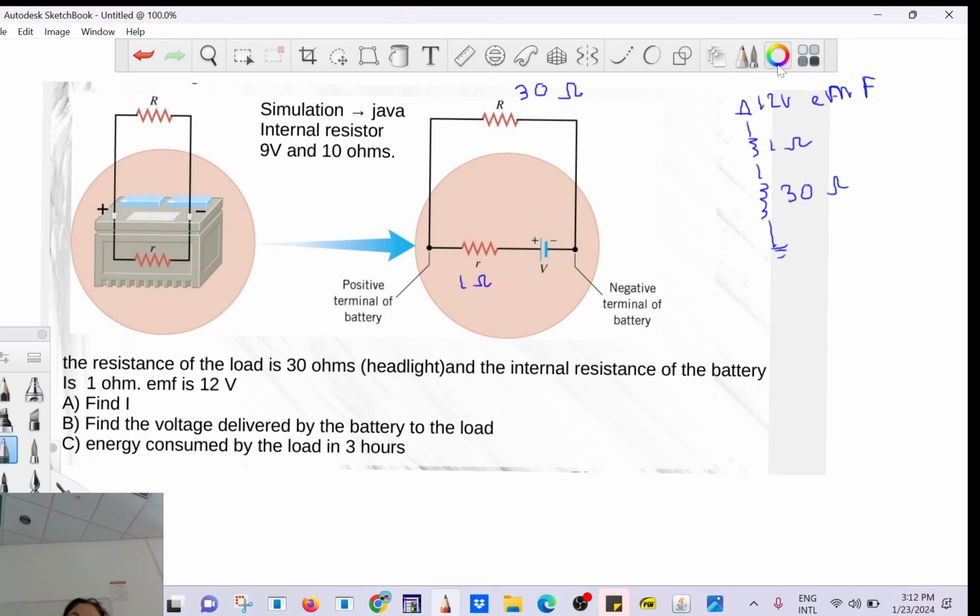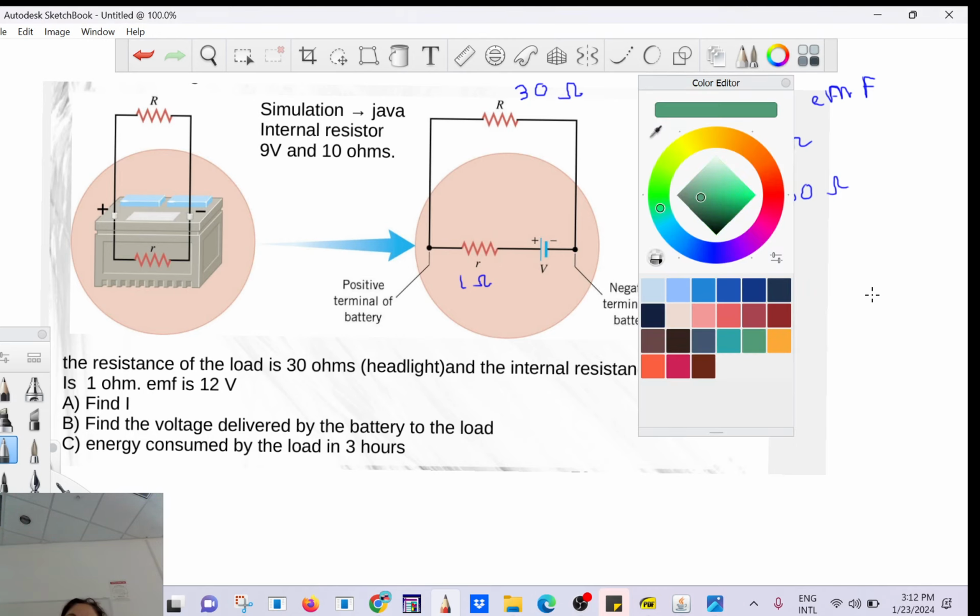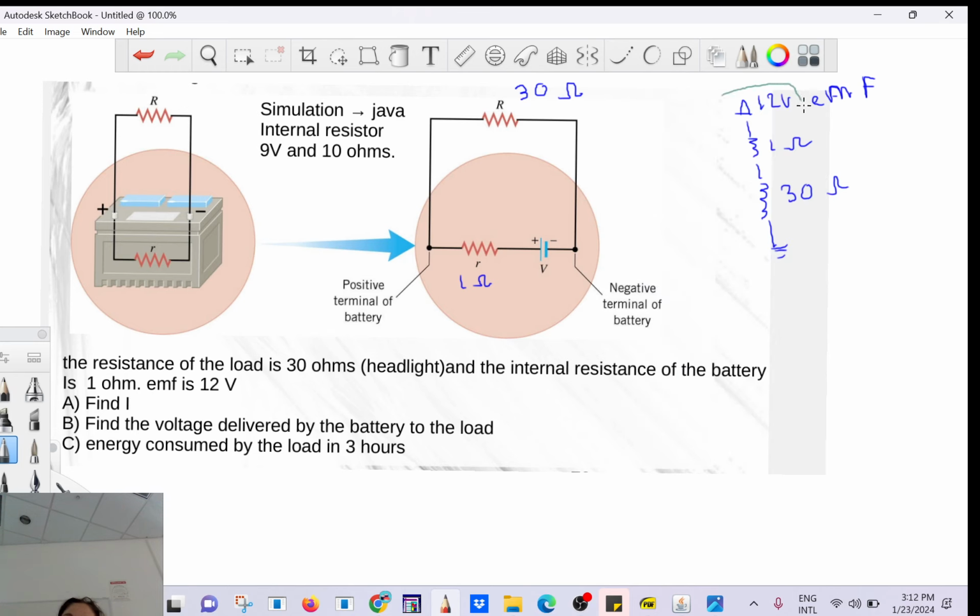That's your battery here, right? The equivalent resistance is 31, so you do 12 divided by 31, about 0.4 amps. Yes?